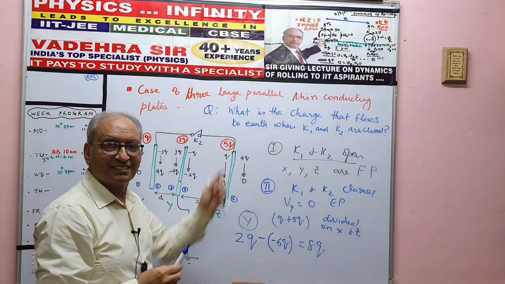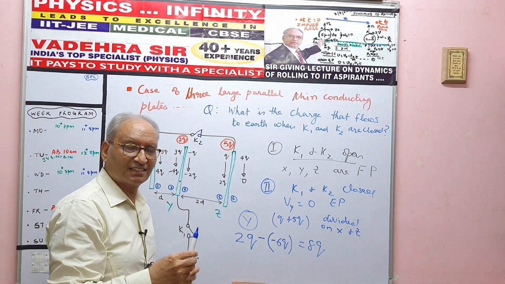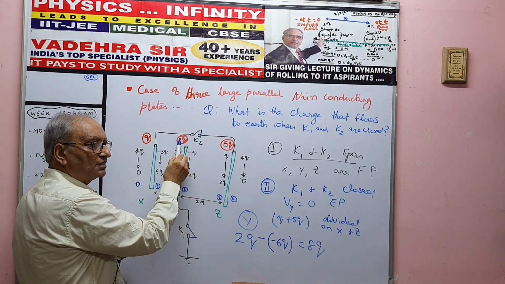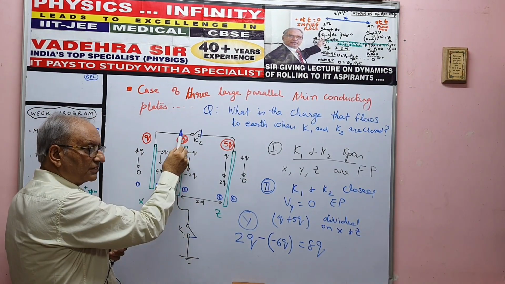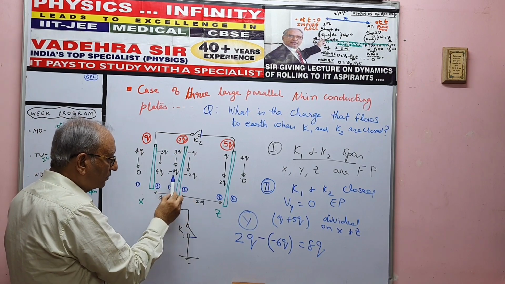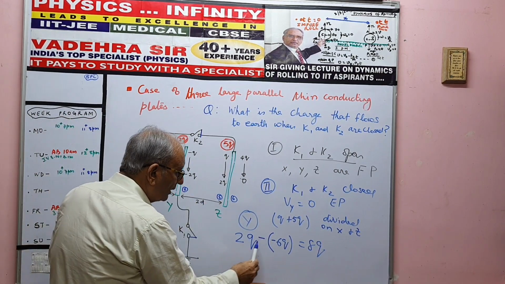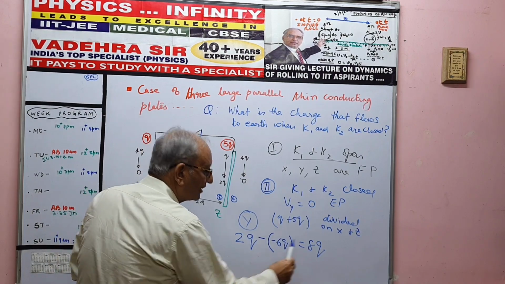Now the question, how much charge has gone down to earth? Very easy now. Originally this plate had 2Q and after the switches are closed, this has minus 4Q and minus 2Q, so minus 6Q. So 2Q minus (minus 6Q) is 8Q.